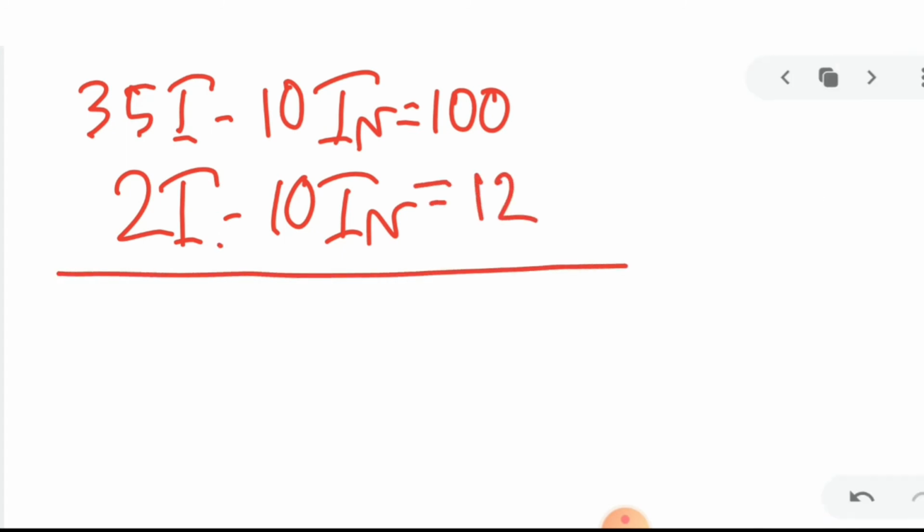So from this it is minus, it is minus. You can calculate the I easily.